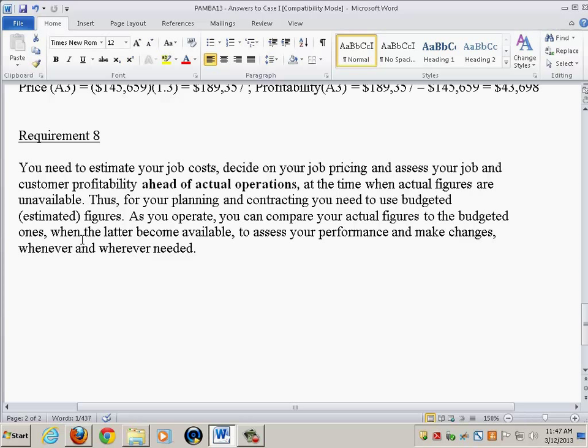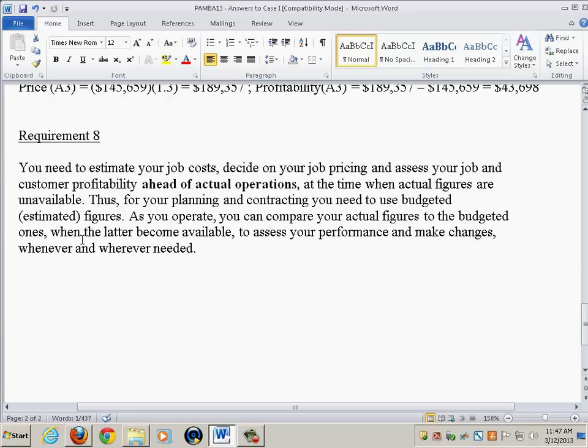Am I going to take a customer who will pay me only a certain price? Is this customer going to be profitable or not? All these decisions have to be made, in many cases, ahead of time. And ahead of time, all you have is estimated figures. So you have to do that with the estimated figures.